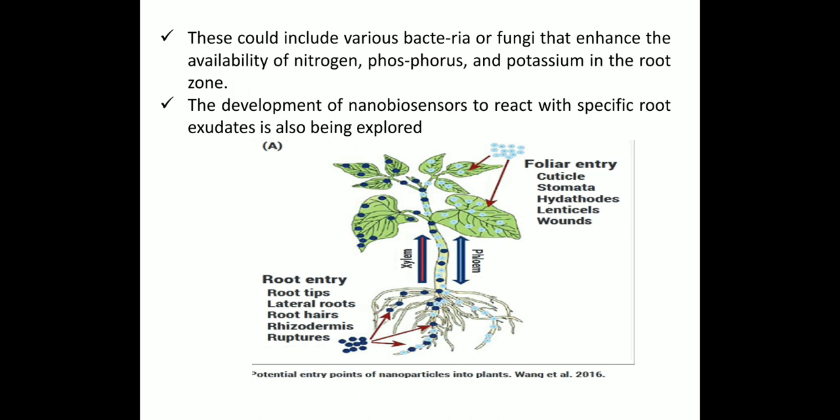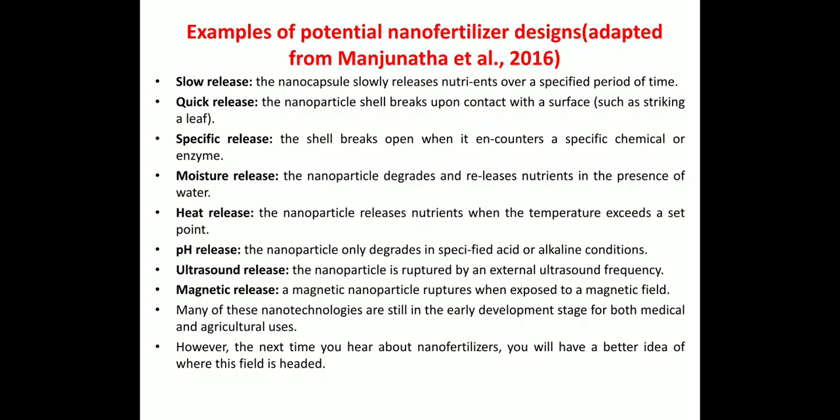The entry of the roots will be the different root hairs, rhizomes, rhizodermis ruptures, then foliar entry through the cuticle, stomata, hydathodes, lenticels, and so on. This will be the potential entry points of the nanoparticles into the plants, the xylem or the phloem. These are the detailed information of these nanomaterial entry points.